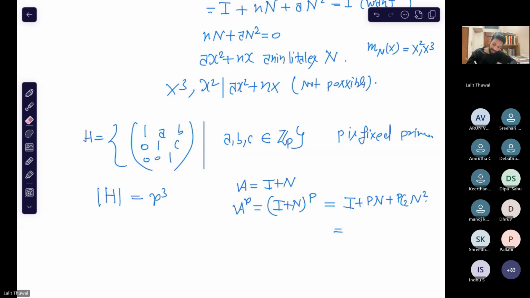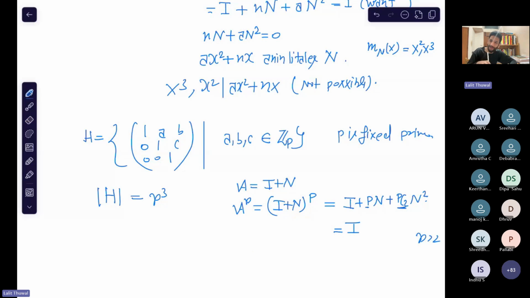So if P is not equal to 2, that is, P is greater than 2, then PC1 and PC2 are both divisible by P. Check that. So this comes out to be I. But when P equal to 2, you get something like this also. So in that case, there are elements of order 4. But in the case of 2, you can check that this is very easy.